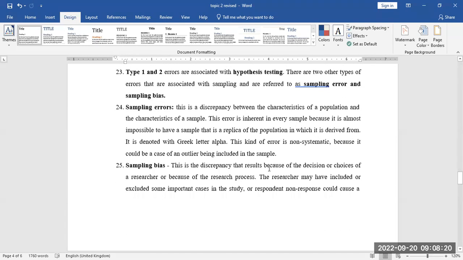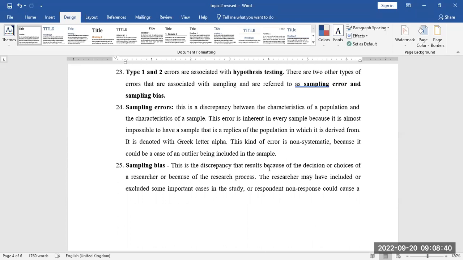A sampling error is a discrepancy between the characteristics of a population and the characteristics of a sample. Kama tunaelewa. Let me repeat, when you talk about sampling error, it is a discrepancy between the characteristics of a population and the characteristics of a sample.